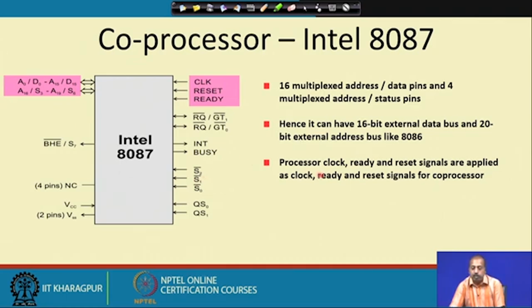Then the processor clock, ready and reset signals are applied as the clock, ready and reset signals for the coprocessor. These come from the 8086 processor and are connected to the 8087 also.